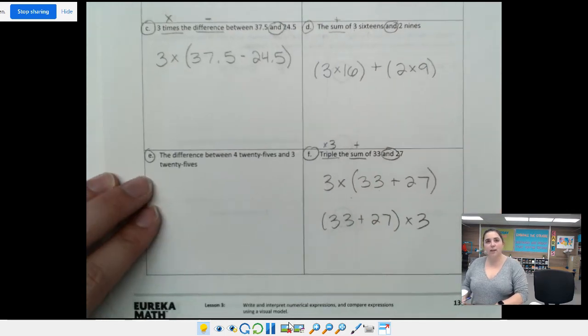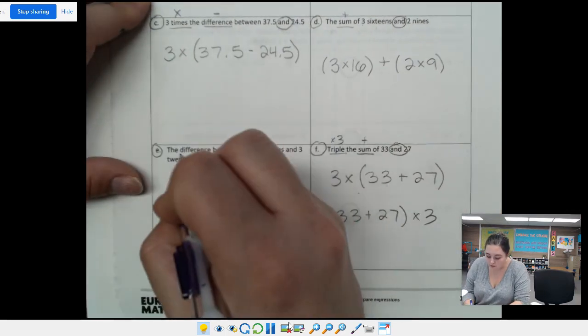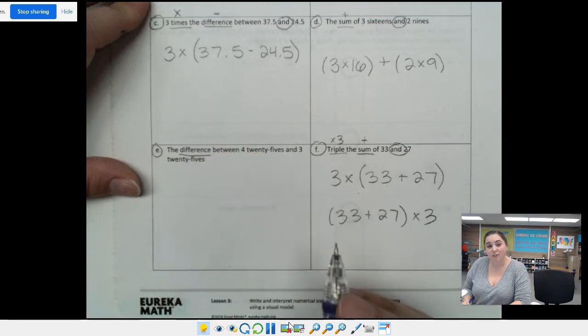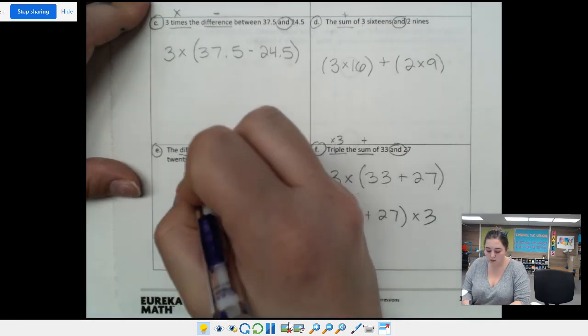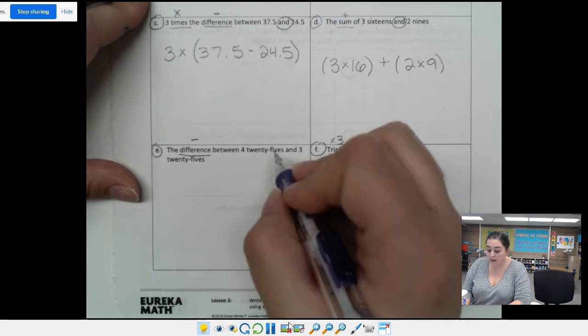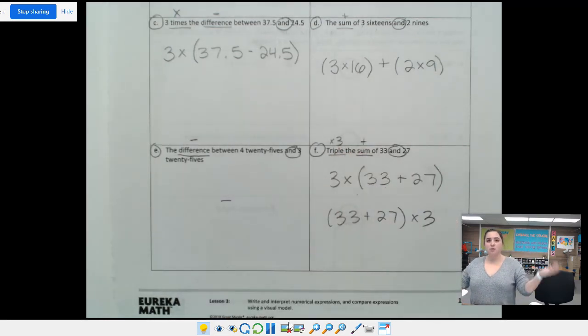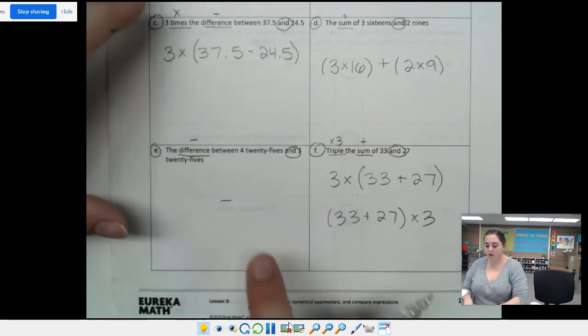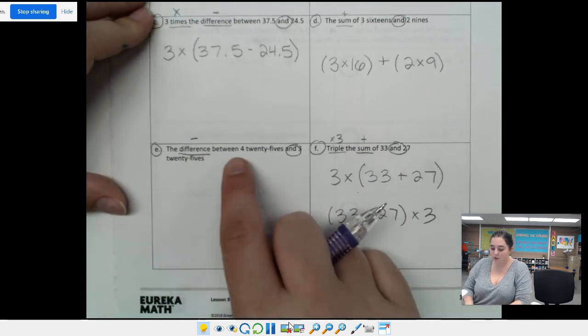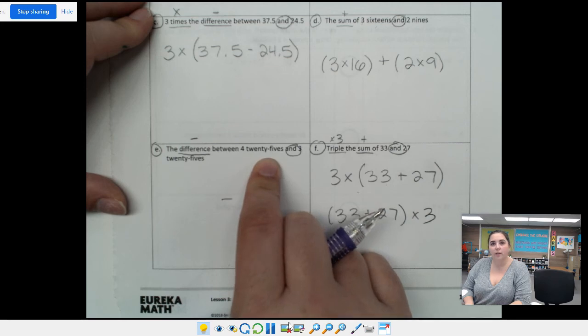All right, and E was pretty similar. The only thing different was difference, which means you are subtracting. The and still tells me what's going to be on both sides of the subtraction. So we're finding the difference of 4/25.